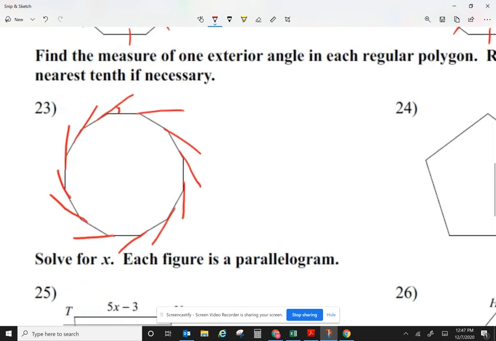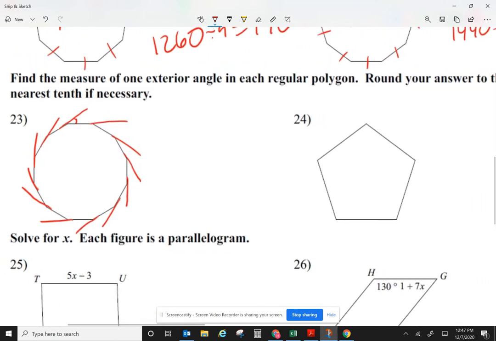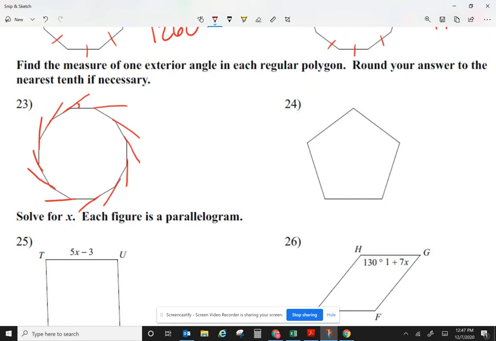Because here the question is, find the measure of one exterior angle in each regular polygon. Notice how I didn't ask you to find out how much all of them add up to. I didn't ask you for the exterior angle sum. And the reason why is because the angles on the outside will always add up to 360.